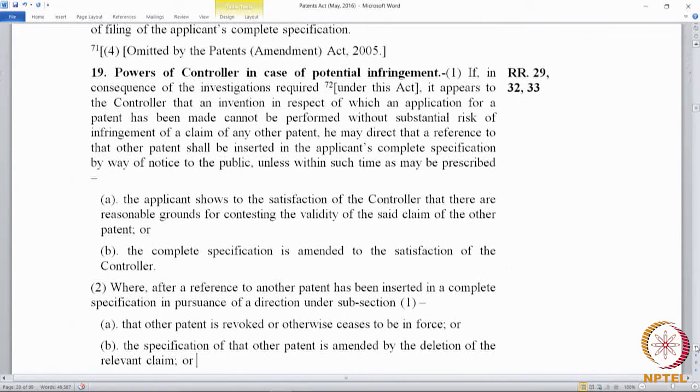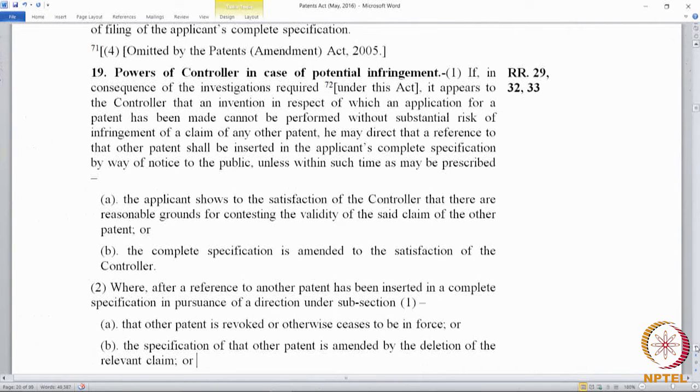The patentee has to file a case for that, or the exclusive licensee can file a case for that. Potential infringement is where an application with a particular claim, if it were to be granted, would infringe an existing patent. So, the controller can see if an application is to be granted, it would infringe an existing patent.